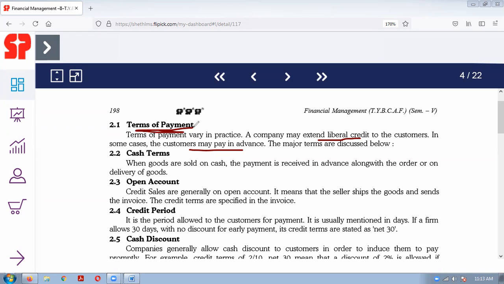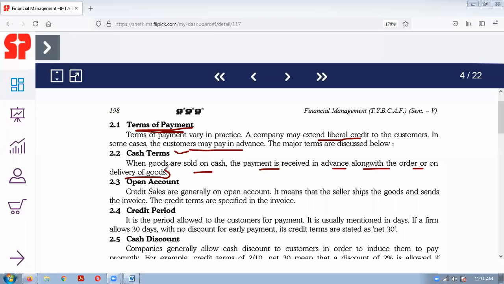If some businesses are very liberal, they will give liberal credit. On the other hand, some businesses may take advance also. So terms of payment will depend upon business to business. Like cash terms: if goods are sold on cash, payment is received in advance along with the order or on delivery of goods.